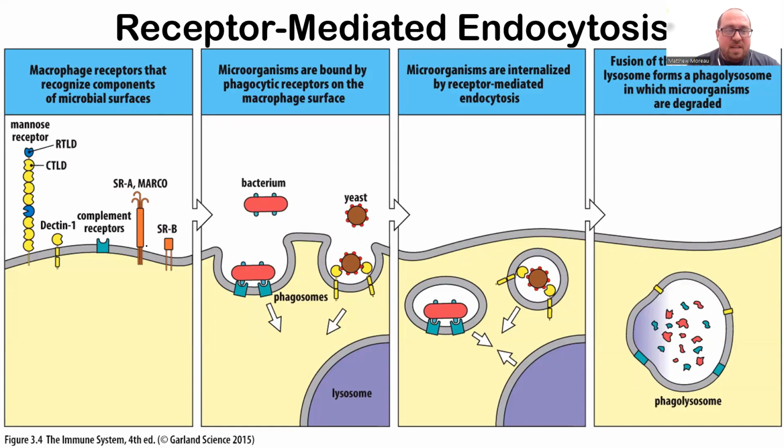Now, macrophages, dendritic cells, and B cells are all professional antigen presenting cells which can express MHC class 2, but they're not the only phagocytes in the immune system.